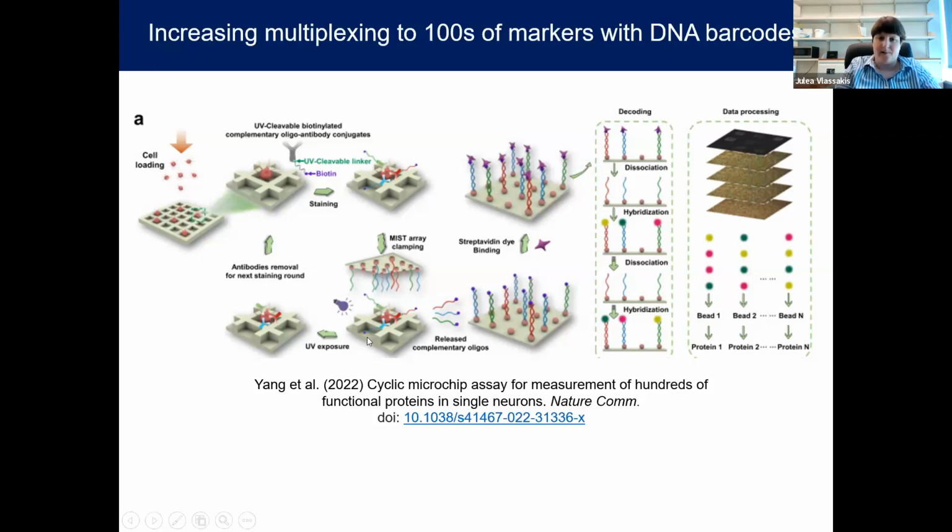So now that's separated from this cell-containing array, and meanwhile, the antibodies can be stripped or removed for another round of staining. And this array here, essentially through a round of what they call decoding, can allow you to identify which proteins were present based on what beads the complementary DNAs are binding to.